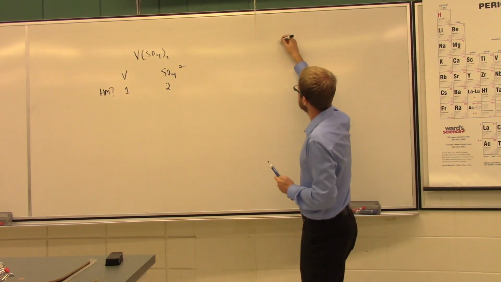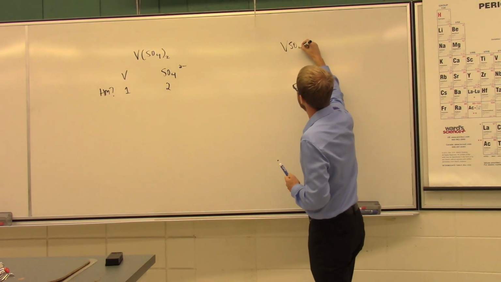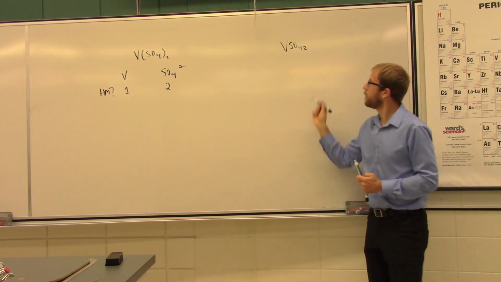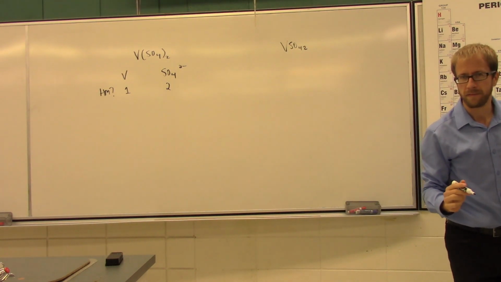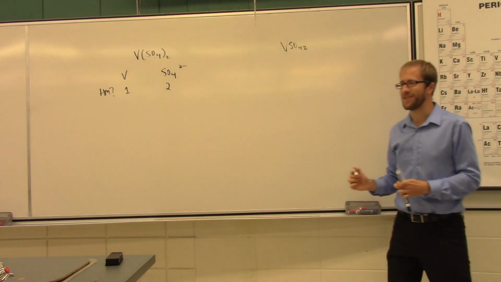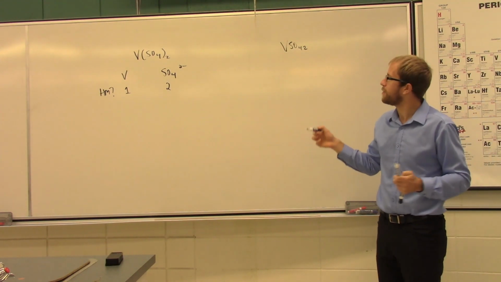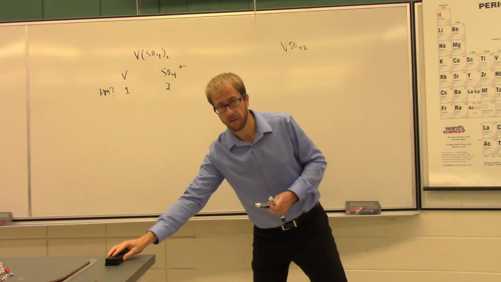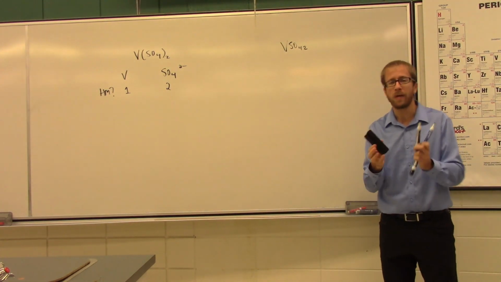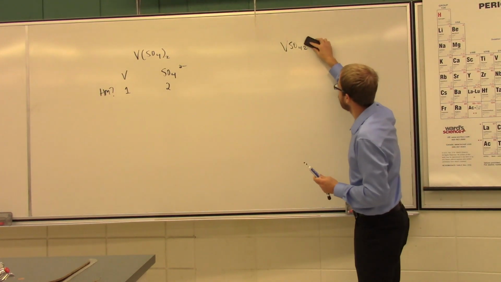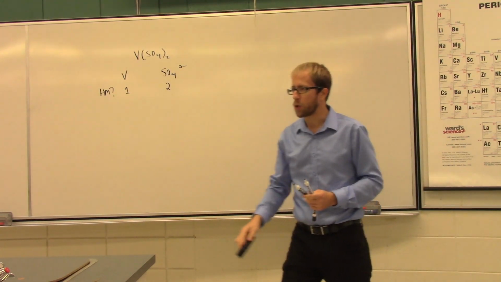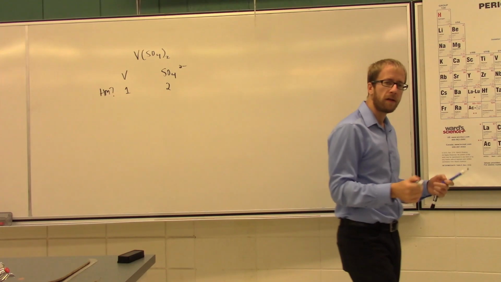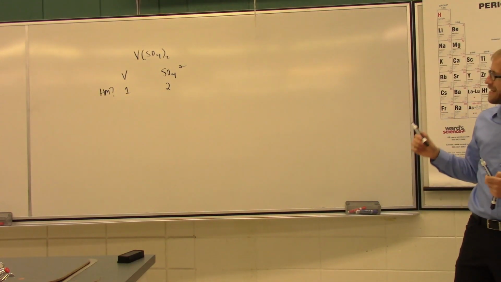Too often I'll see students write it without brackets. What is that telling us? There are 42 oxygens. That's crazy, right? That's impossible. So you have to be careful when you're working with polyatomic ions. They're a single unit. You cannot change the formula. They are a group of atoms covalently bonded together that carries a net charge.